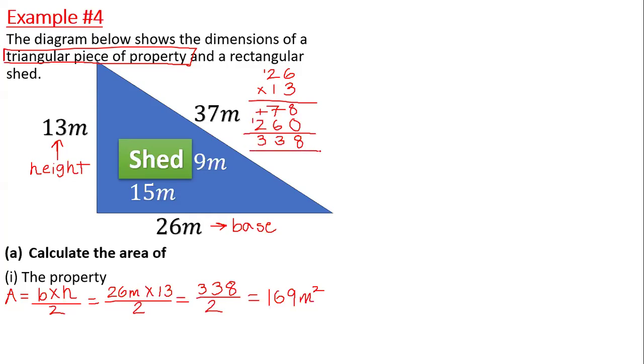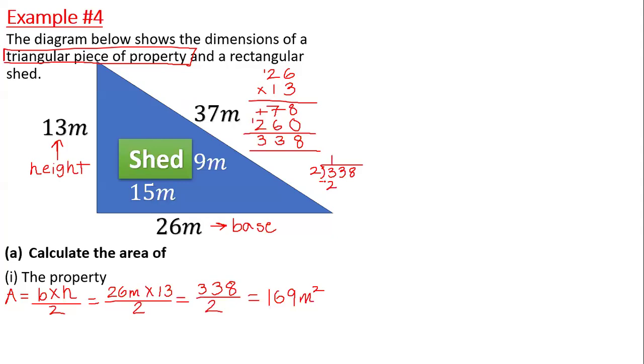But we have to divide this by what? By 2. So 2 goes into 338 how many times? 2 goes into 3 one time.